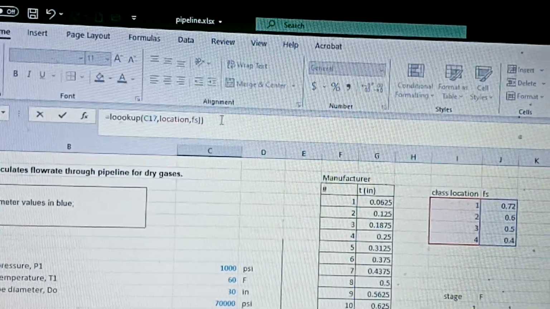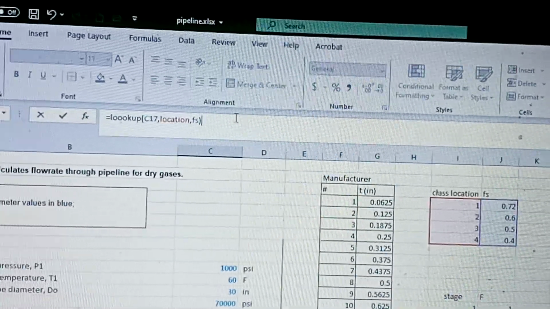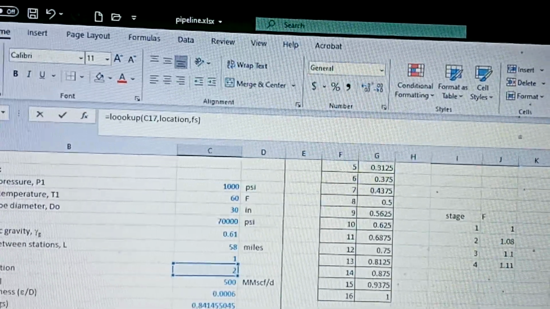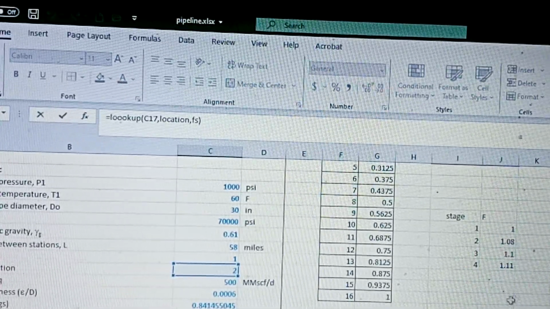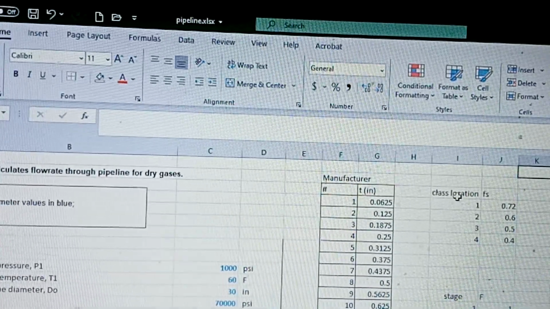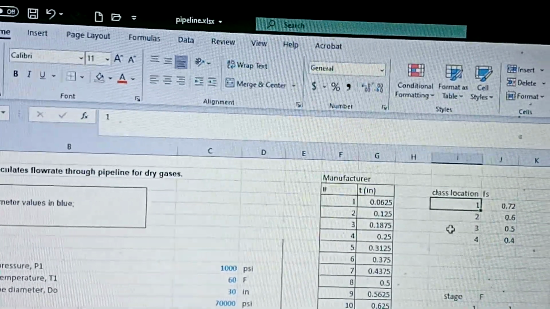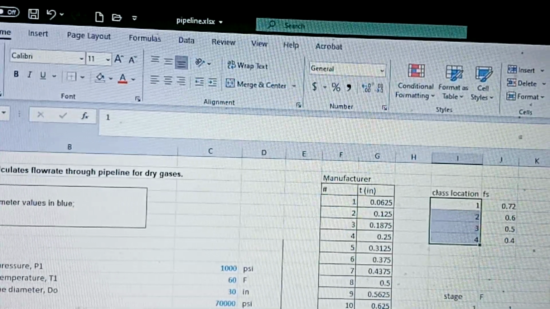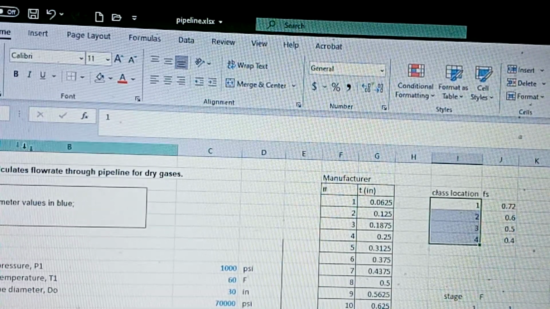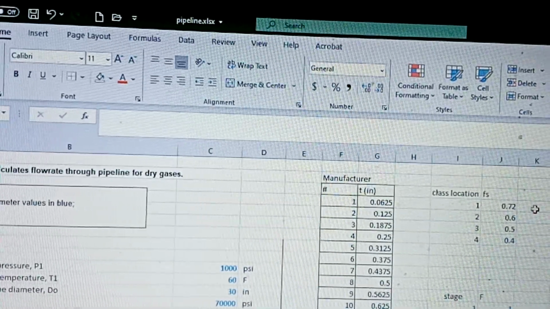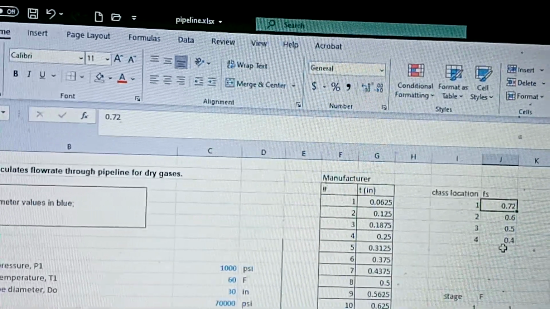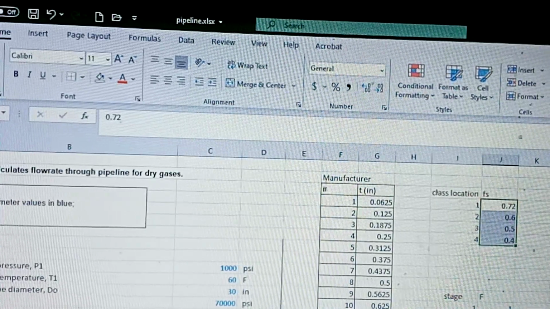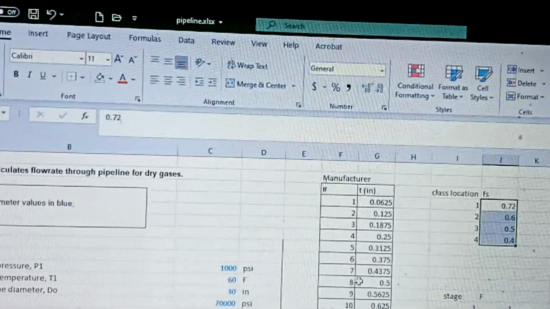Oh, I have too many brackets. Oh, I didn't name it. Okay, so I'm going to name this. Oh, I already named it location, see, on the left. Then from here to here, I already named it FS, so what's the problem?